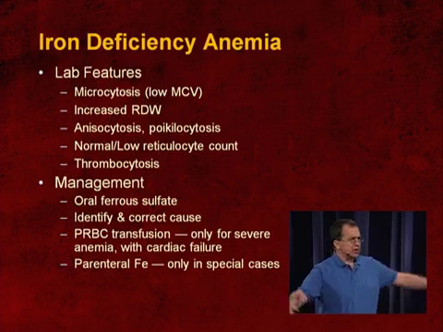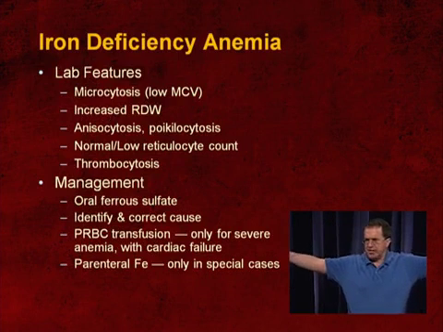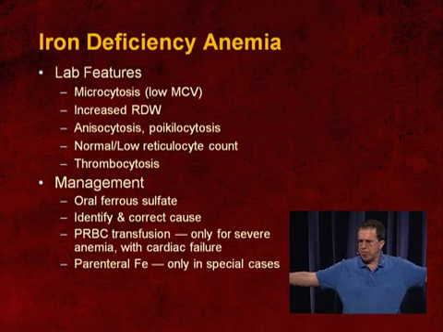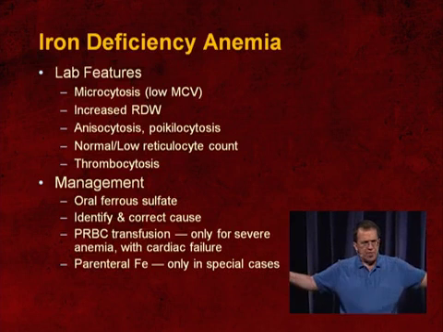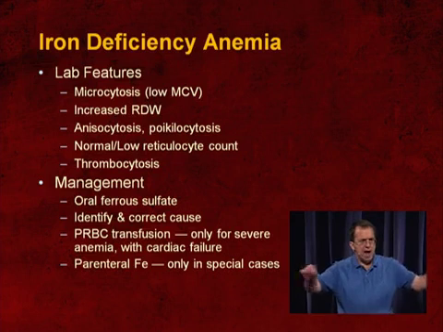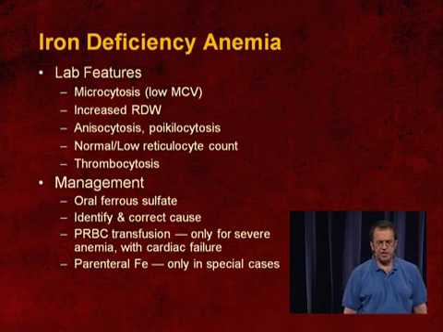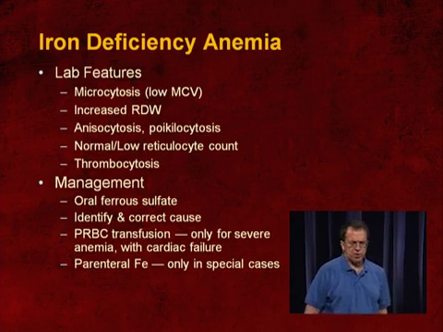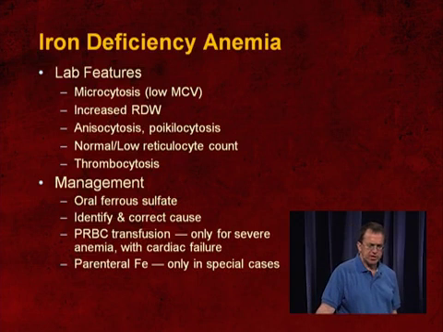Small cells, lots of different sizes, okay? RDW is the width, is the spread. How many different sizes do we see? Anisocytosis, poikilocytosis, different sizes, different shapes. Normal to low reticulocyte count. It's not going to be elevated, right?